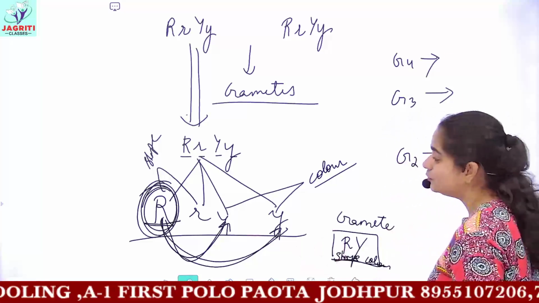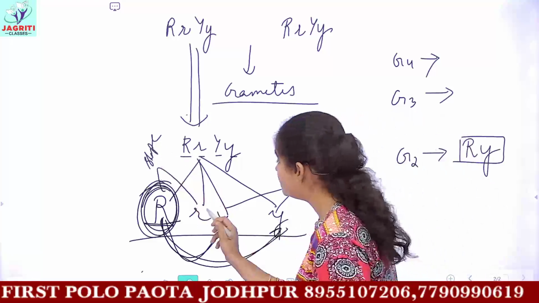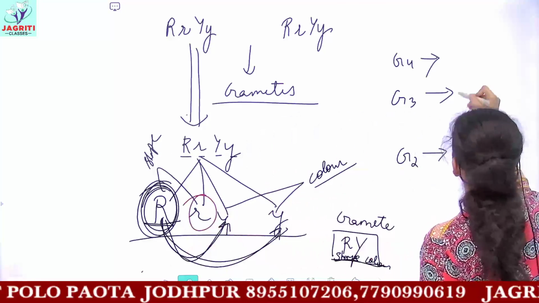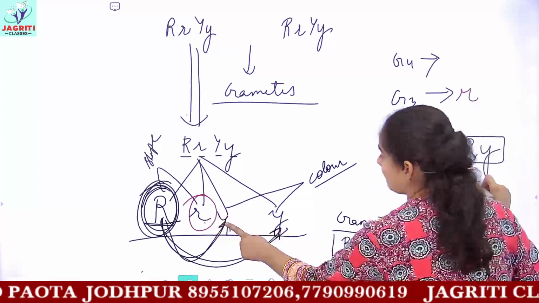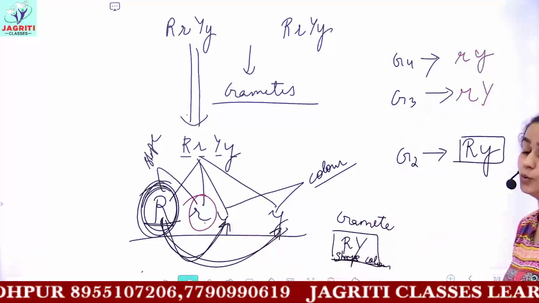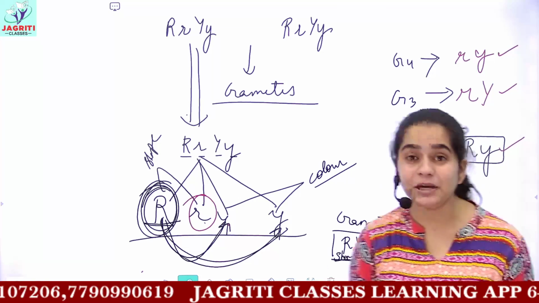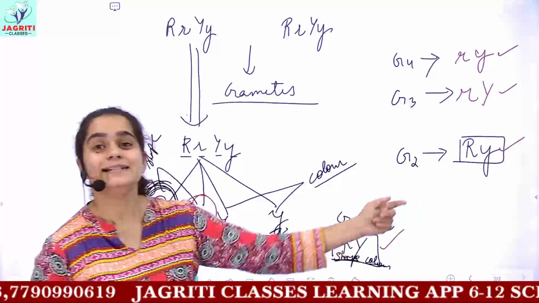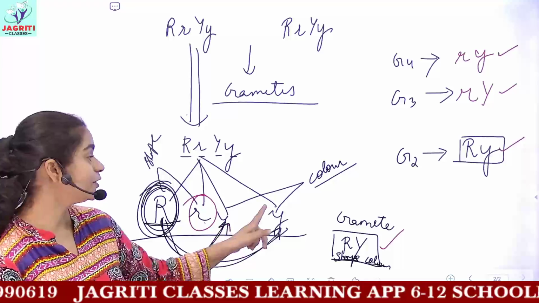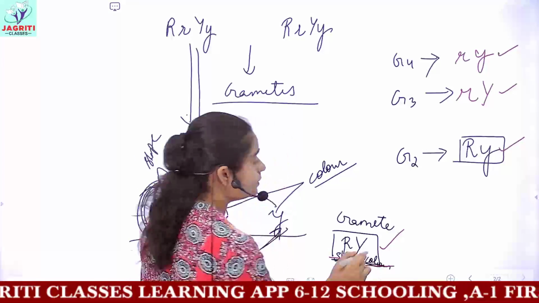The third gamete would be, now you are taking the shape of the seed to be small r. So with small r you can take capital Y once, and with small r you can take small y once. So these would be the four possible types of gametes which you can form from the given situation. I hope you understood. Each gamete should contain one allele for shape and one allele for color.